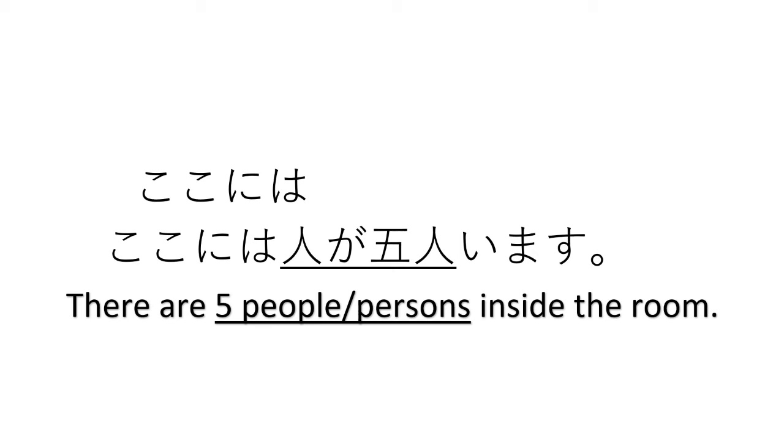In this case, we can choose to remove the hito ga, and then just put gonin imasu like this. Both are acceptable. We can remove hito ga because we already know that we are talking about people or persons without describing who they are. Okay? But it is different when we say there are 5 students, 5 foreigners, and so on.